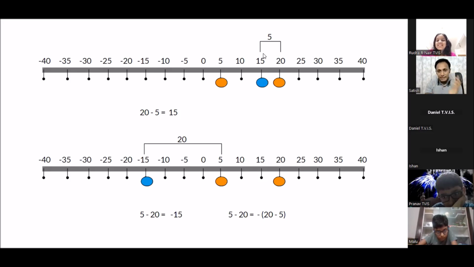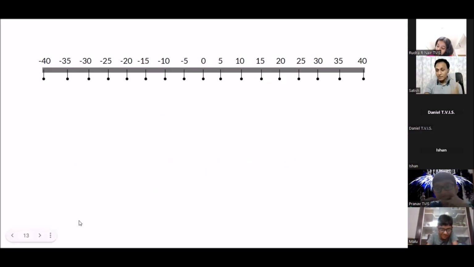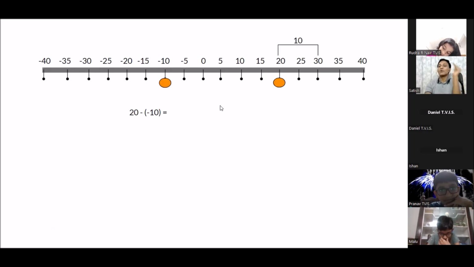When we were adding, it went frontwards. 20 plus 5, from 20 it goes forward. 20 minus 5 is coming backward. 5 minus 20, from 5 it comes backward, right? Now, in this case, 20 minus minus 10: because it is minus, it should come backward. But again, you have one more minus, so it will go forward.